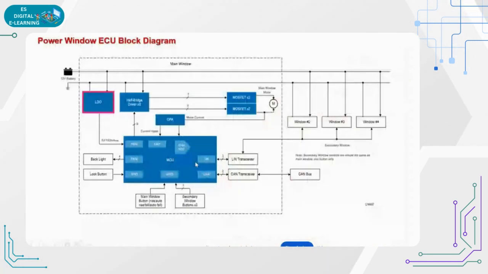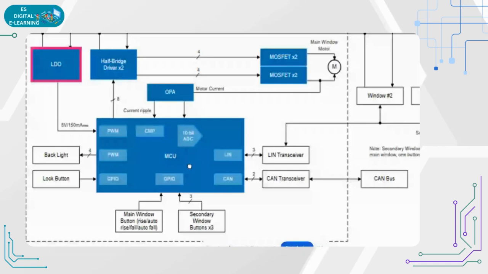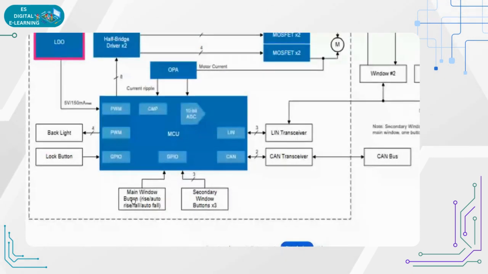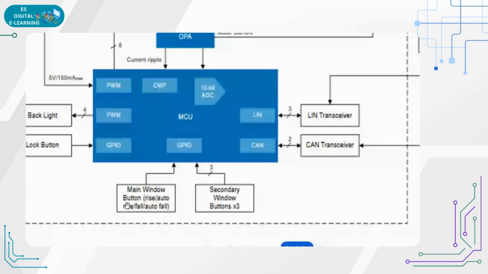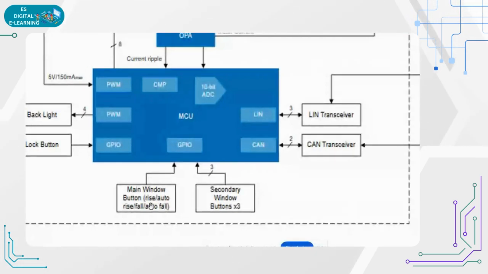Okay, so I'm coming to the block diagram of the power window. Usually we have the microcontroller, and we give inputs from the main switch button to raise and lower, or the other operations we can give.